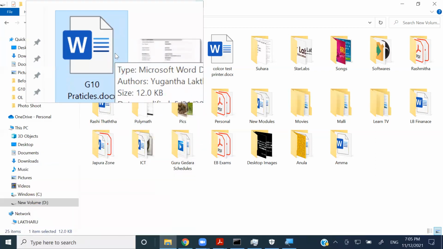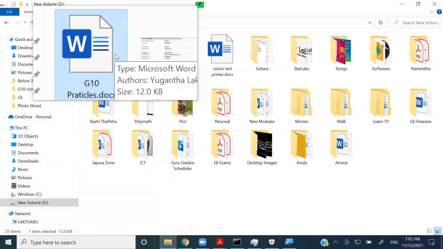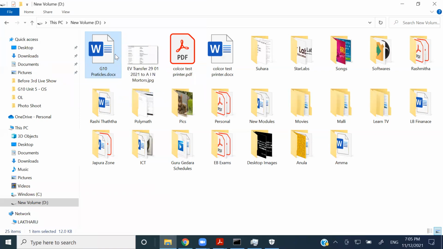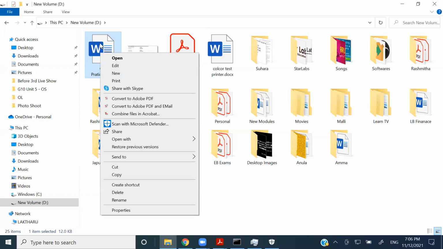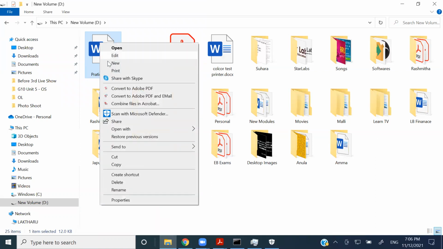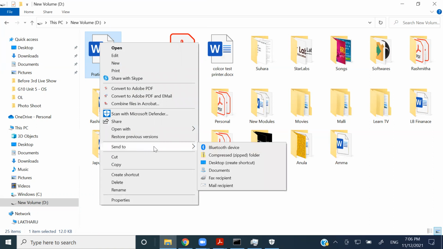So I can use the default utility program called compressed folder by right clicking this particular file, going to the send to option and then choosing compressed folder. Once I choose this, it will create a compressed folder. Sometimes we call this a zipped folder as well.